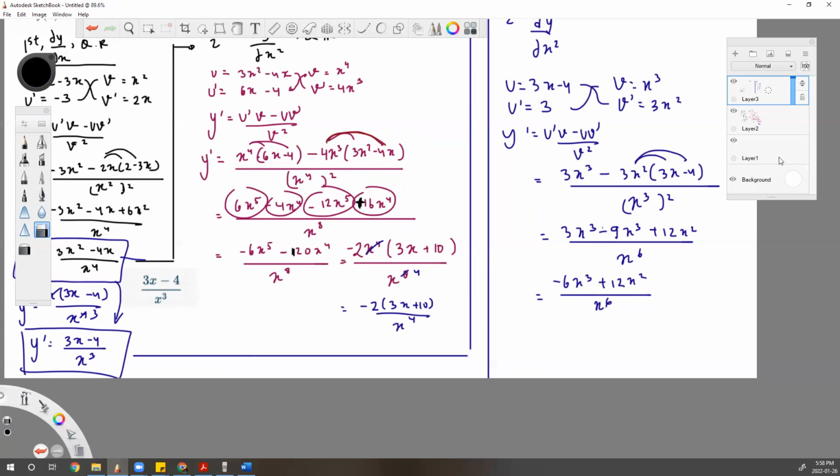See, the more complicated the number, the more detail that I can miss, the more silly mistakes that I can make. So please don't do what I did just now. And negative 2 x power 4, so it is minus 6, right? Minus 6 here.